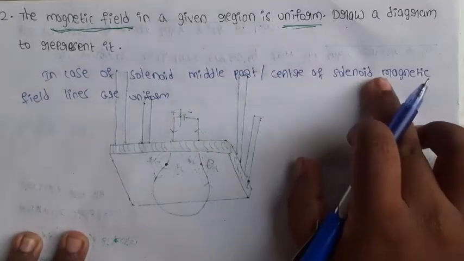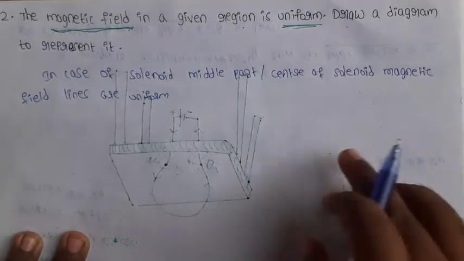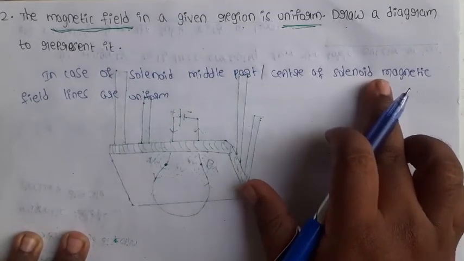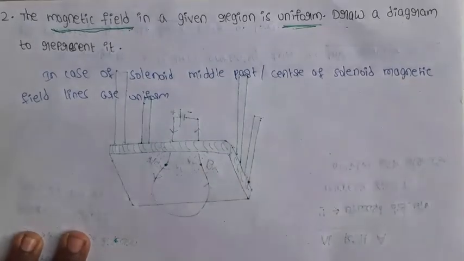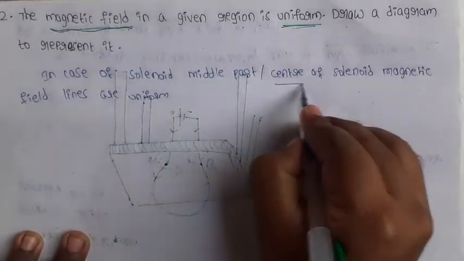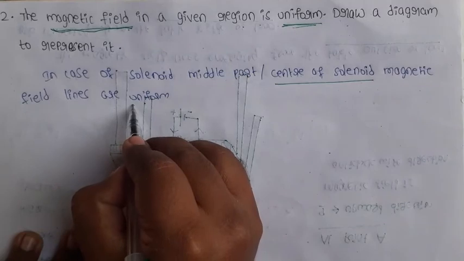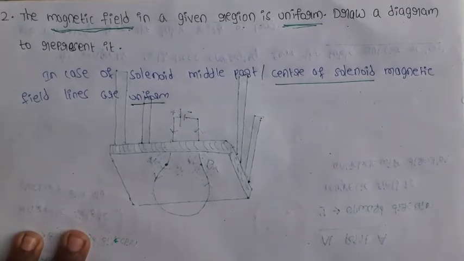At what region? The center of the solenoid. What about the outside of the solenoid? Outside of the solenoid is non-uniform. The center of the solenoid is uniform. At the center of the solenoid the magnetic field lines are uniform. Draw the solenoid diagram.